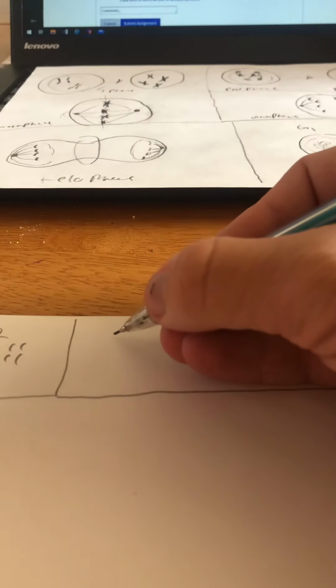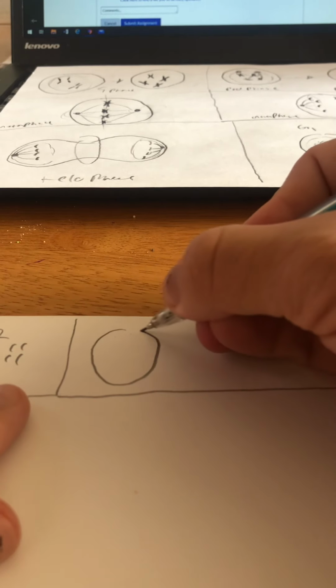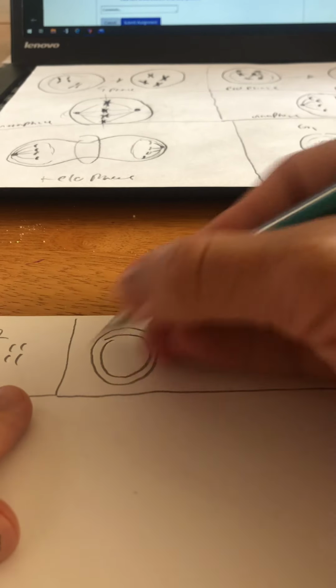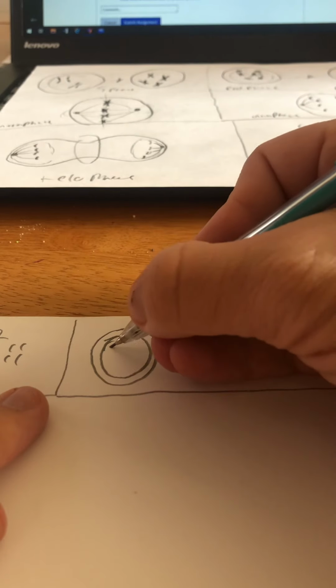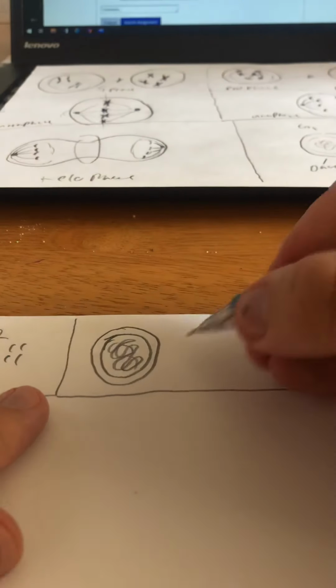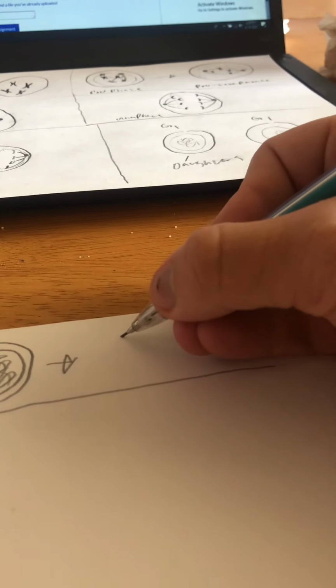So I'm gonna move this a little closer. So your S phase, you have your nuclear envelope here. This whole thing is the nucleus. Here in your nucleolus, you have spindly chromosomes that start to replicate.